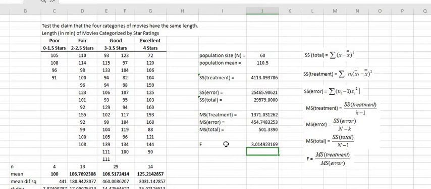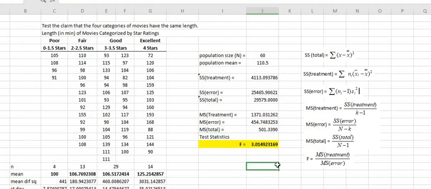So we will highlight this one. Okay. We will highlight this one. And then bold. Okay. We have now the value of our F. This is our test statistics. Now, that is F. Okay, test statistics F.